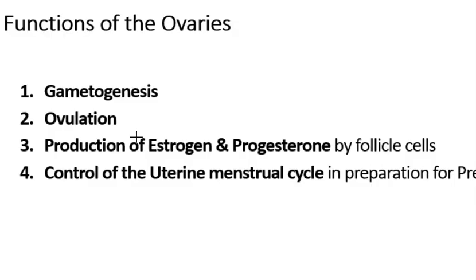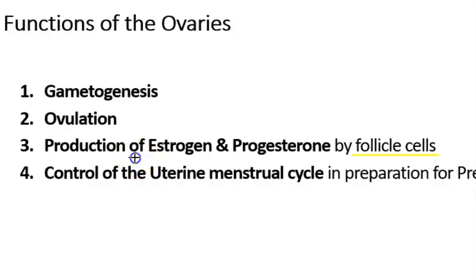Estrogen and progesterone are made by certain cells in the ovary called follicle cells, and we'll come back to where they're located, and there are different types. The main purpose in producing estrogen and progesterone, in part, has to do with forming a gamete, but it also has to do with controlling the uterus. The uterus has a menstrual cycle.